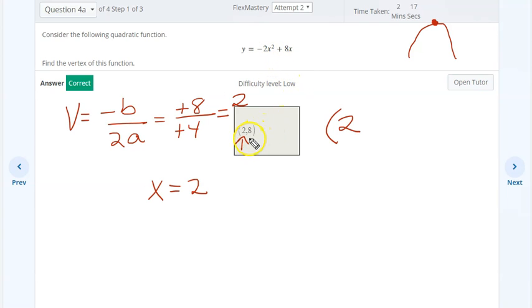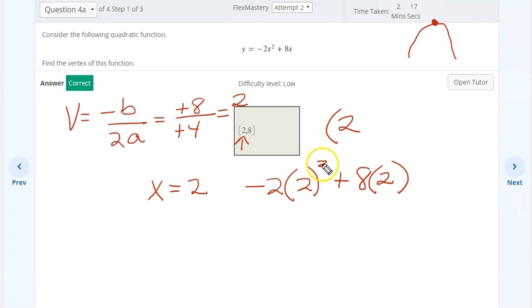So what is your y value? Well, you're going to put a 2 into this formula. So let's do it through substitution. -2 times 2, the quantity squared, plus 8 times 2. I'm just substituting.